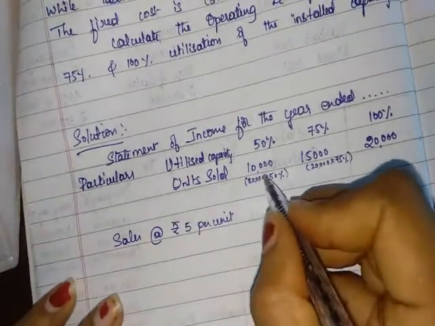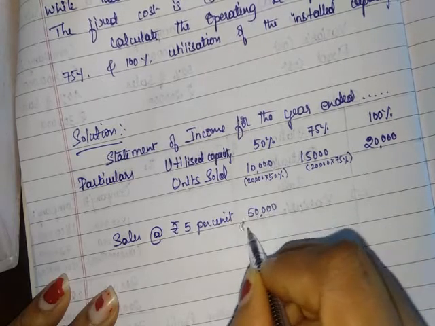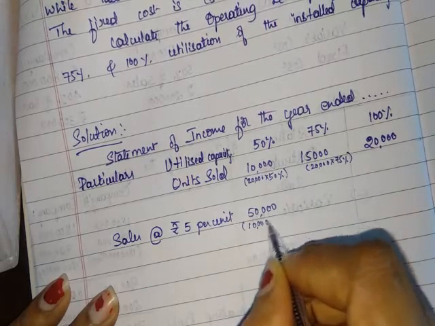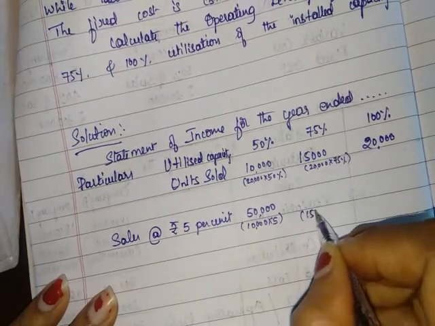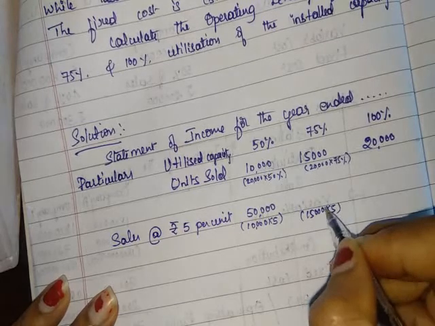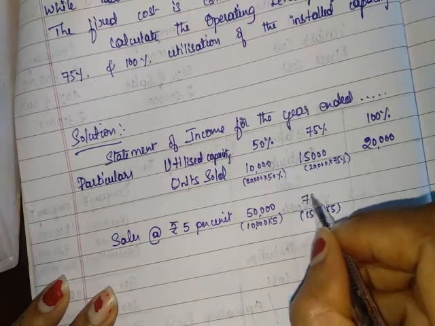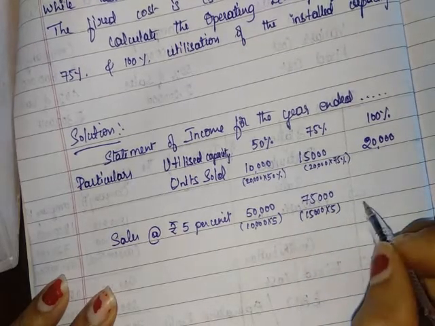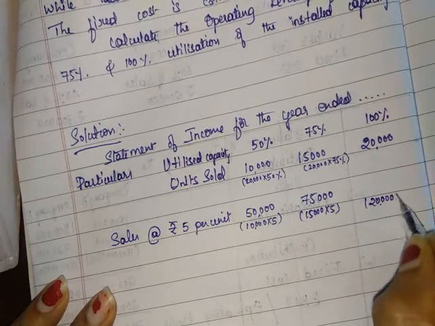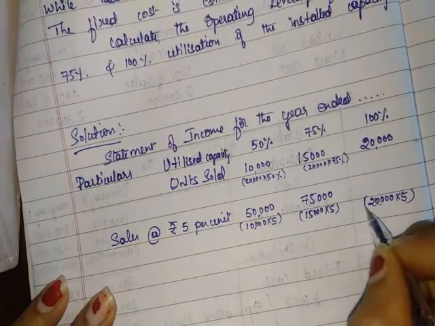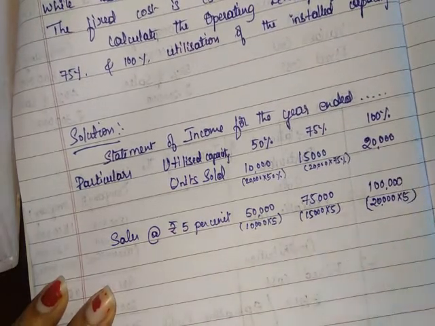So 10,000 into 5 is 50,000. 5 into 15,000 is 75,000. Then 20,000 into 5 is 1 lakh. So we got the sales figures.